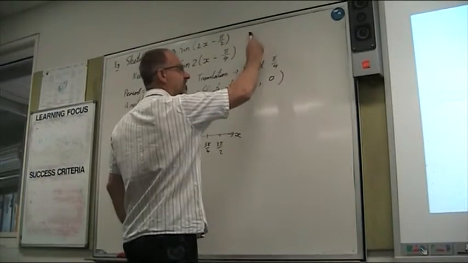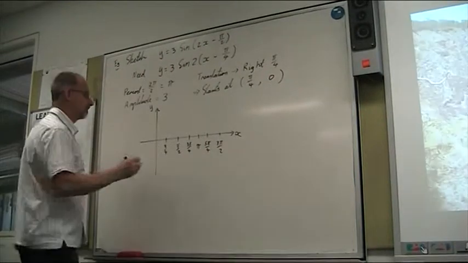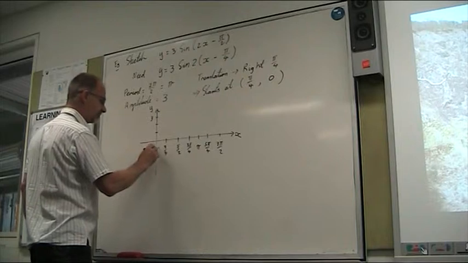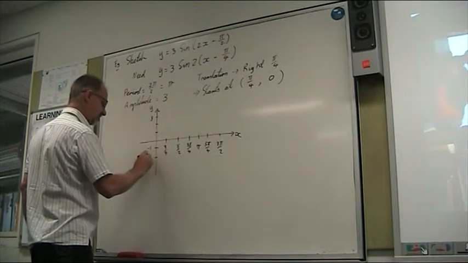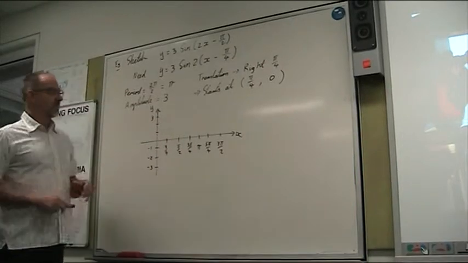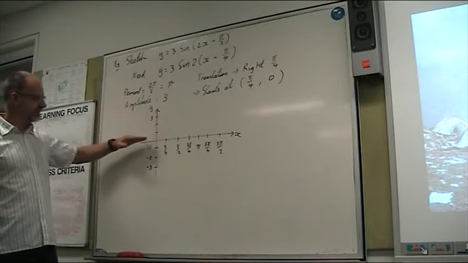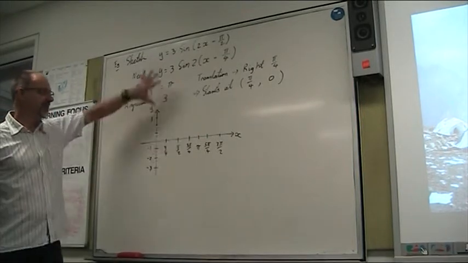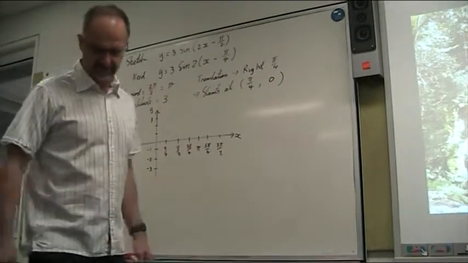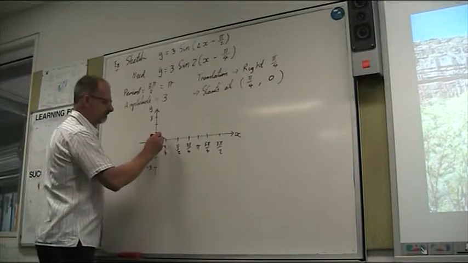Sometimes it says 1 cycle, other times it will give you a domain. So I'll just draw 1 cycle. Alright, and so because my amplitude's 3, I've marked a 3 there and down to -3. I haven't translated, there's no translation up or down, so I don't need to worry about that. Okay, so our starting point.